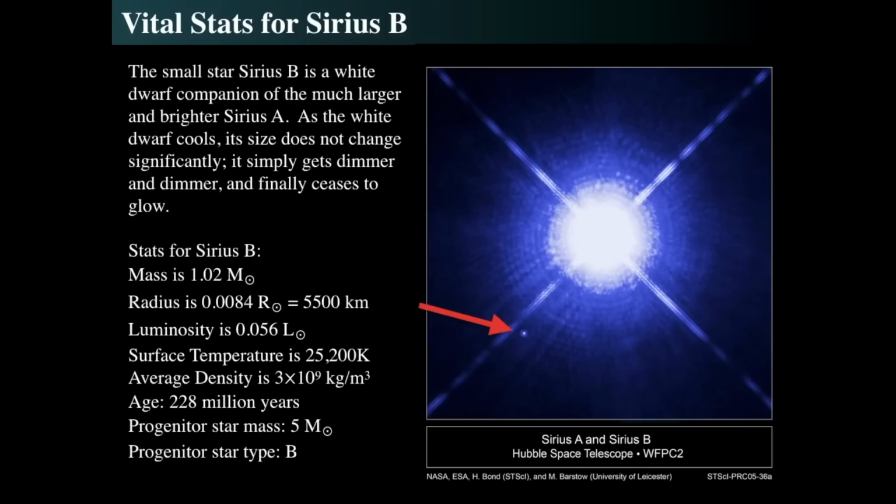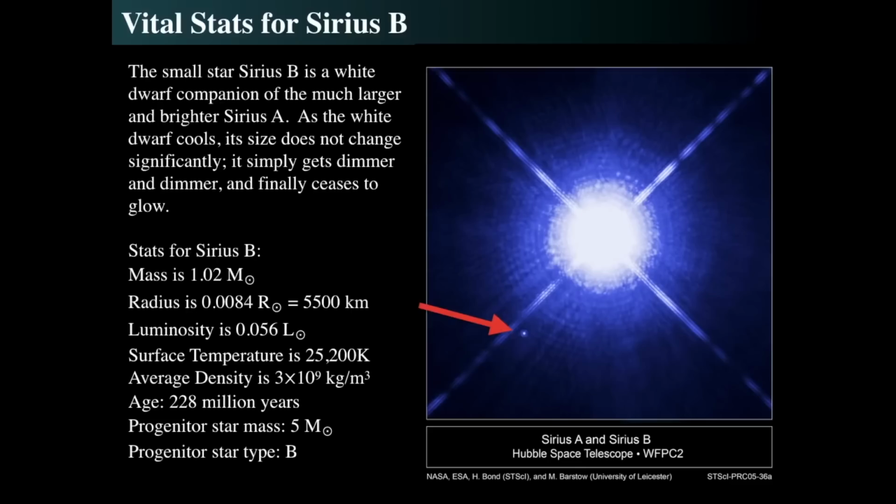But the statistics on Sirius B are interesting. It's a little bit bigger than the mass of the sun, meaning the mass is greater, but the radius is much, much smaller. It's less than 1% of the radius of the sun, or 0.84% of the radius of the sun, which means that's about 5,500 kilometers, which is about the size of the Earth. And the luminosity is very tiny, only 5.6% that of the sun.